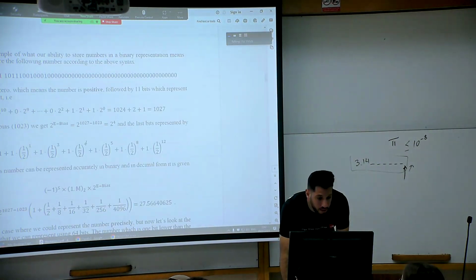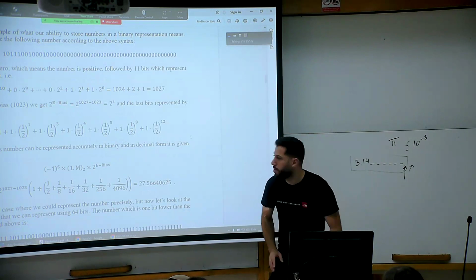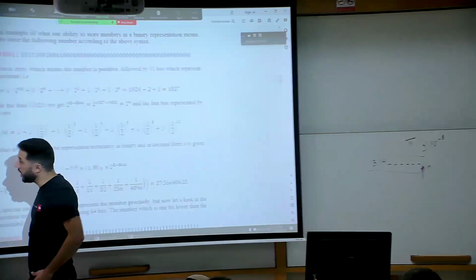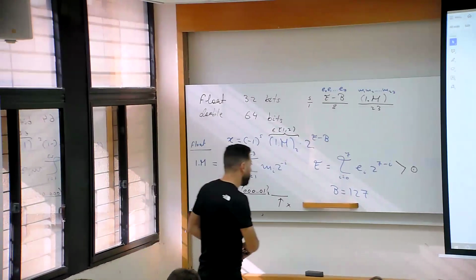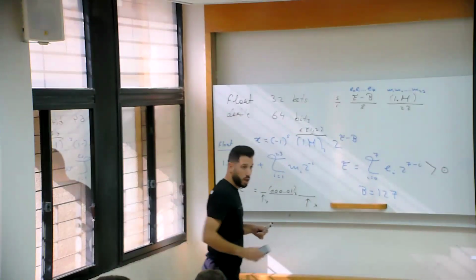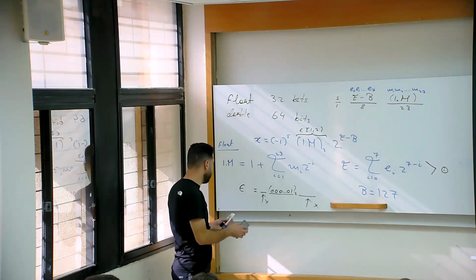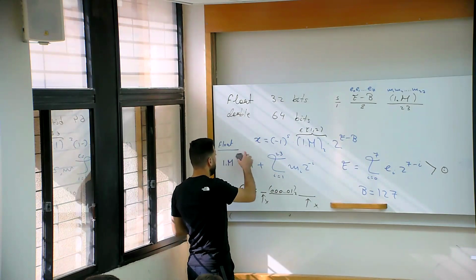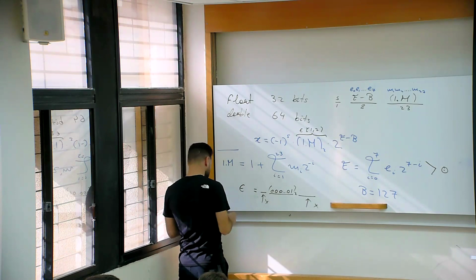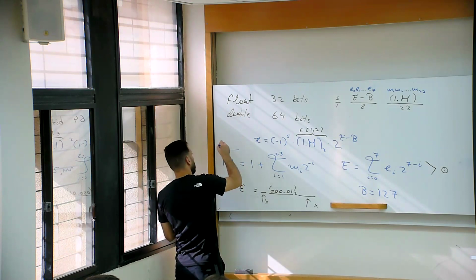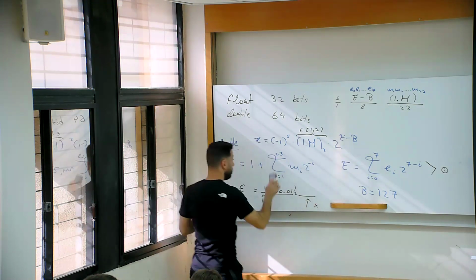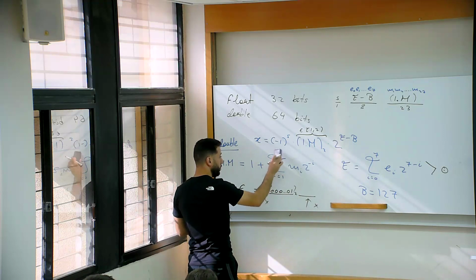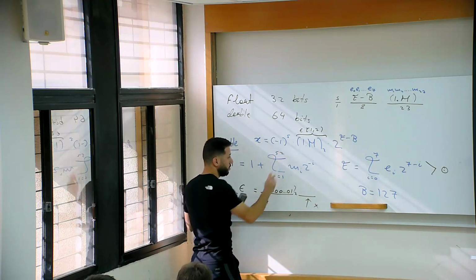So here we have a simple example for storing in double float. And let's write here the way of calculation of the number. So in double, we have the same equation, but here we sum up to 52.